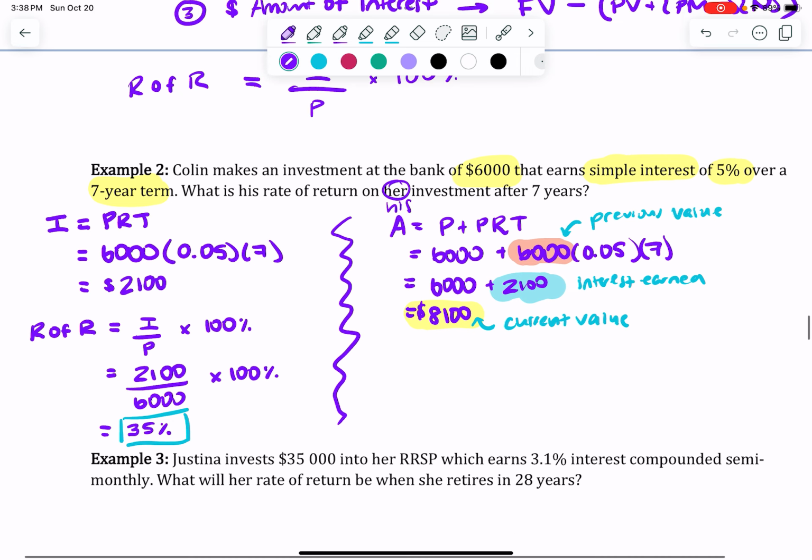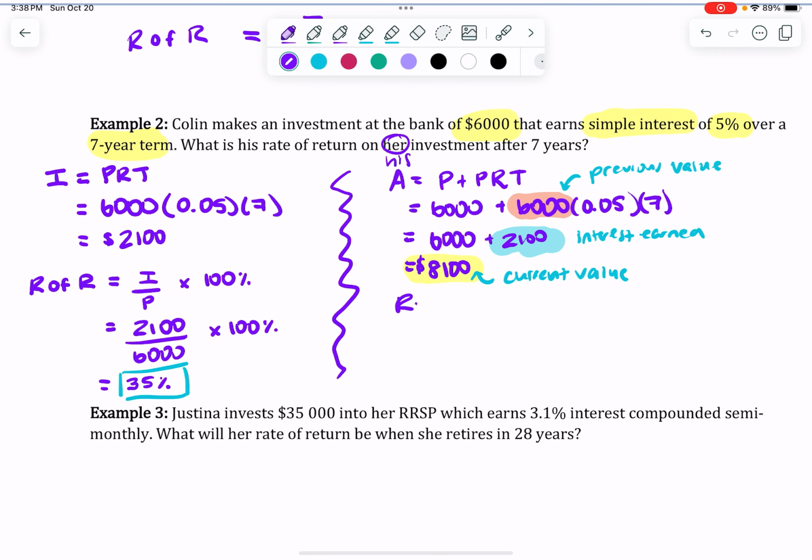Which means when I'm looking at my rate of return formula, and if I'm using the longer, fancy official one in the formula sheet, the formula says that I take my current value of my portfolio, I subtract my previous value of my portfolio, I divide that difference by the previous value of my portfolio, and I times by 100%.